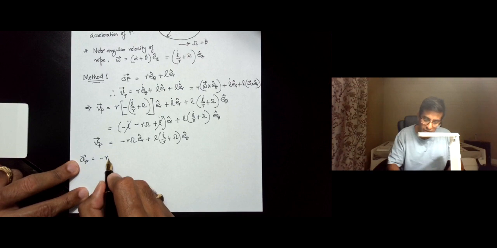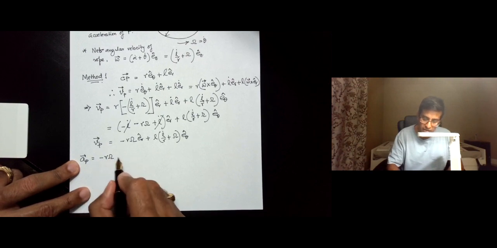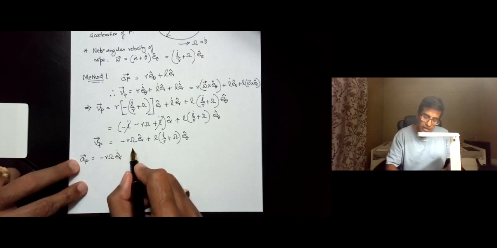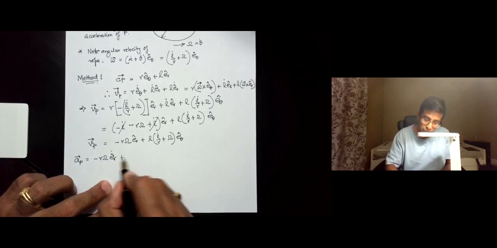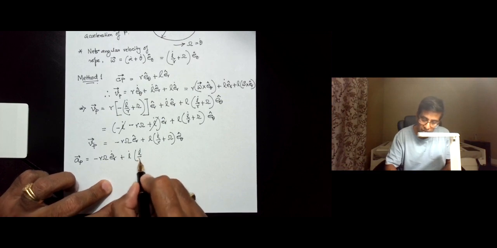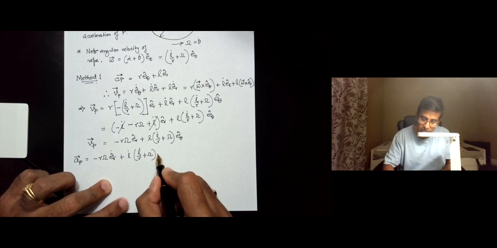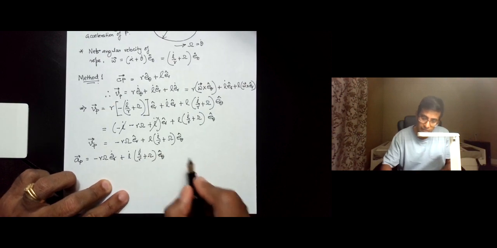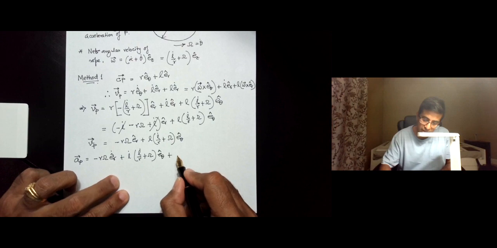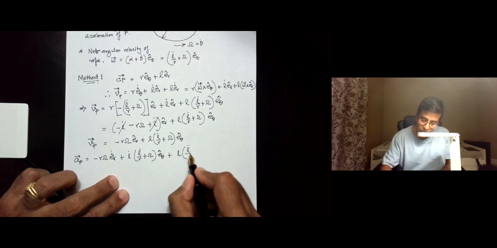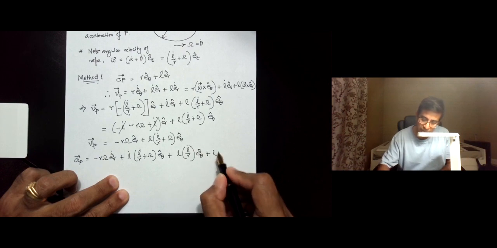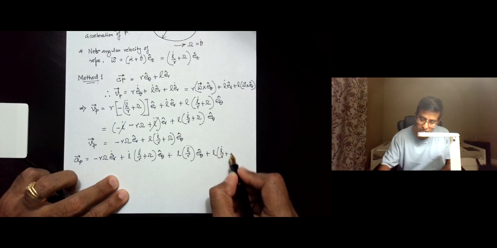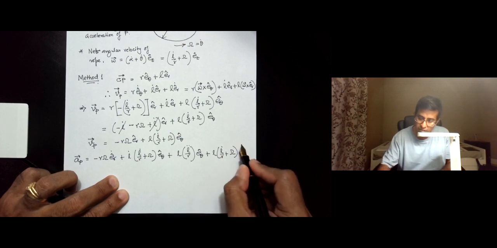So we'll have negative R omega, both of these are constants, R and omega, Er dot, plus L dot times L dot over R plus capital omega E theta plus L times L double dot over R E theta plus L times L dot over R plus omega E theta dot.